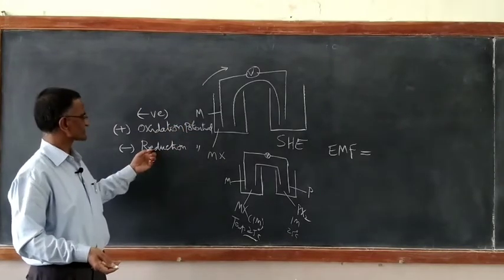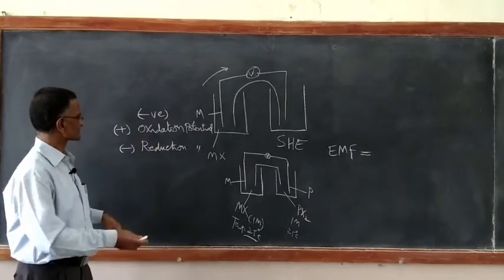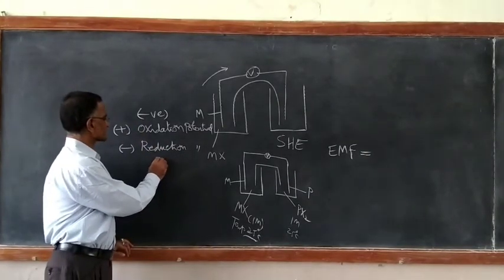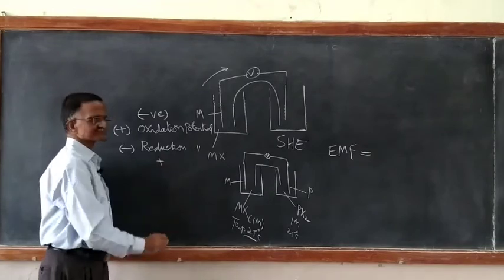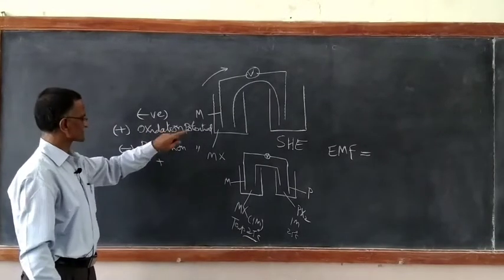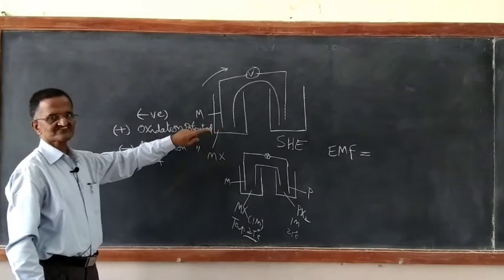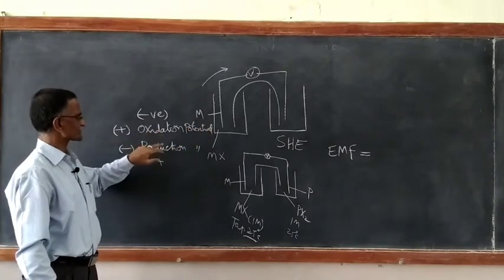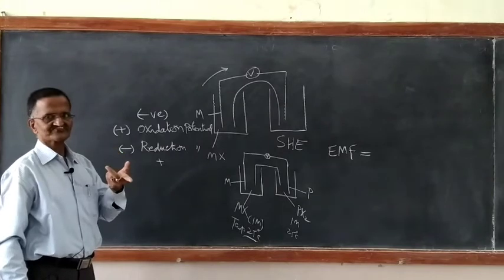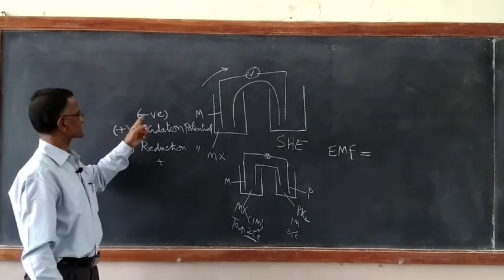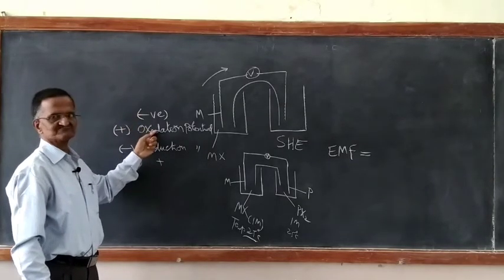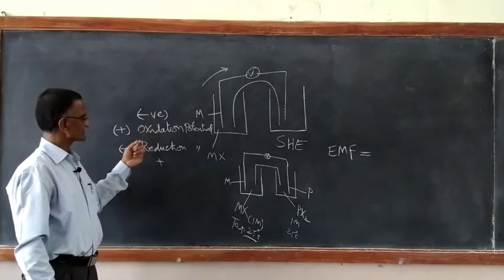If I have this value in terms of oxidation potential, that will be positive. If reduction is taking place, the ability to undergo oxidation is the opposite. So if you want to convert a value from oxidation to reduction or the other way, just change the sign, and have the same value.